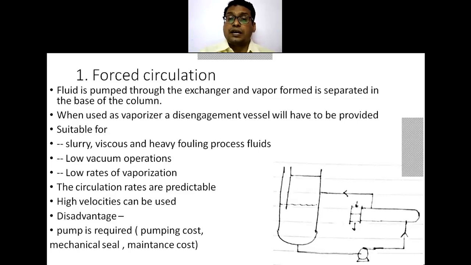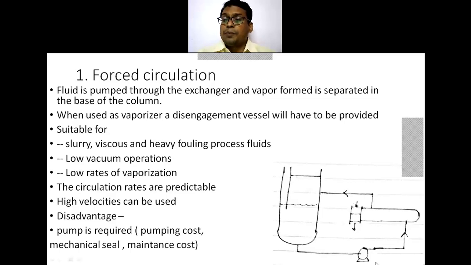As the pump is there, velocities will be higher, and as a result fouling will be avoided. In case of low vacuum operations also, these pumps can be used, and also for a low rate of vaporization. The circulation rates are predictable.